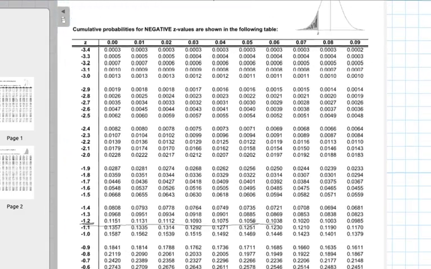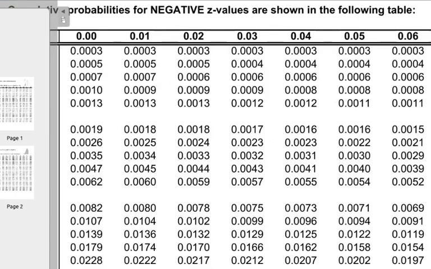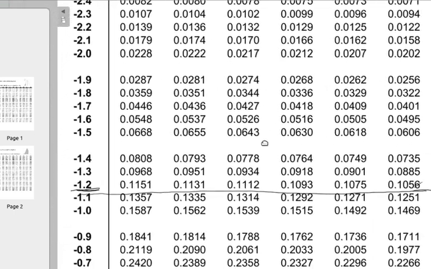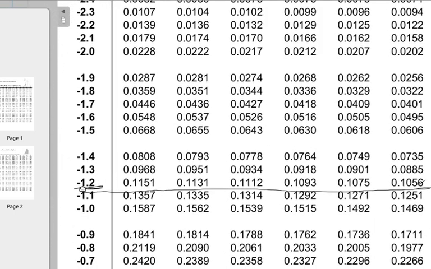Up towards the top, you can see the first column represents a 0 in the hundredths place, then a 1 in the hundredths place, then a 2, then a 3, and so on. So this would be negative 1.20. This is negative 1.21, negative 1.22, and this is negative 1.23.